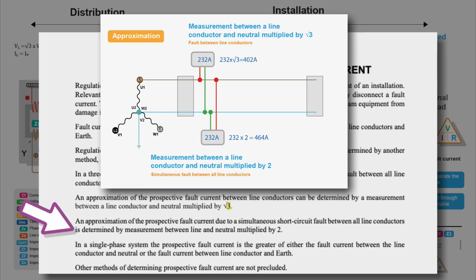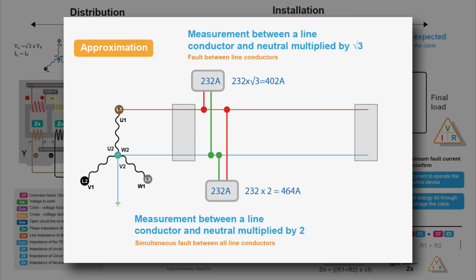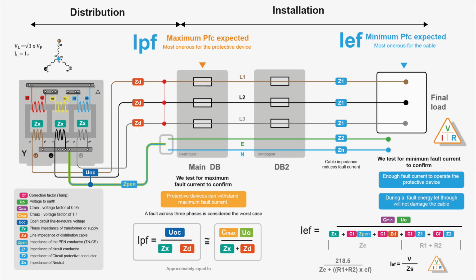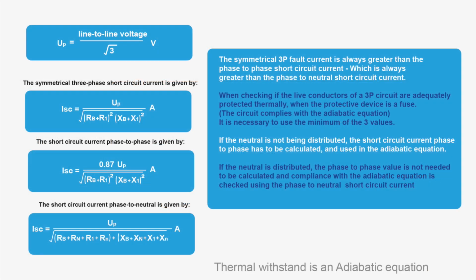And an approximation of the prospective fault current due to a simultaneous short circuit fault between all line conductors is determined by a measurement between line and neutral multiplied by 2. This errs on the side of safety and will give you, in some cases, quite considerably larger fault current than will actually happen. There are more accurate ways of checking for fault current, so it can get quite involved.